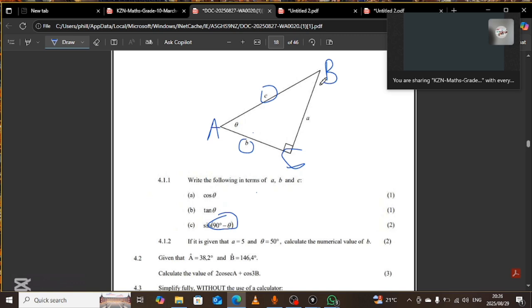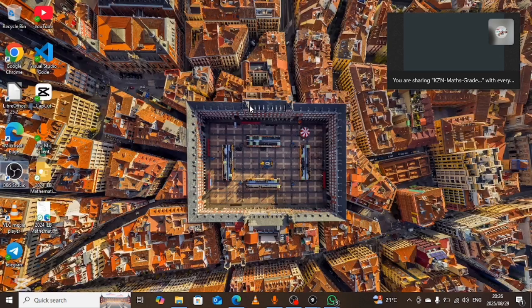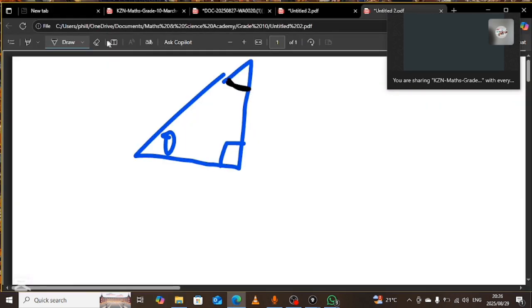So now we want to find angle B. We can say this is B, this is C, this is A. So are we gonna use the trigonometric ratios? Nope. Sum of angles of a triangle.